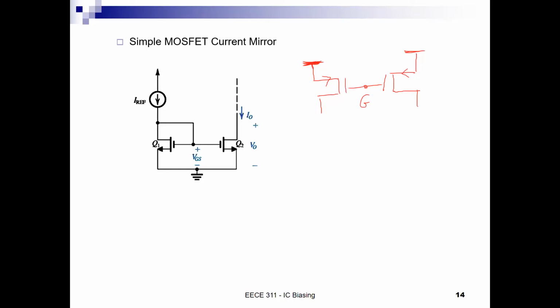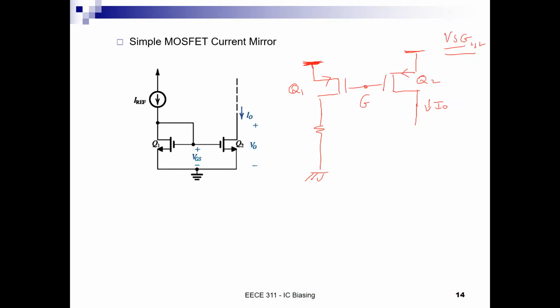Now they share the same VSG, right? So VSG is the same for both 1 and 2. So this is Q1 and this is Q2, okay? And here we can have a current source or a resistor going all the way to ground. And this will be IO.